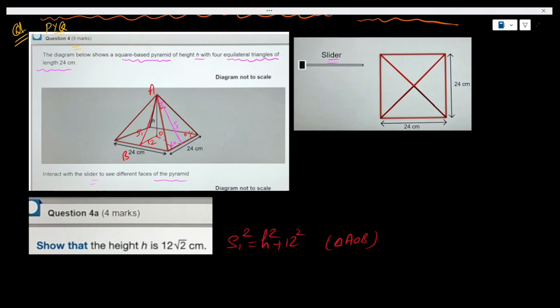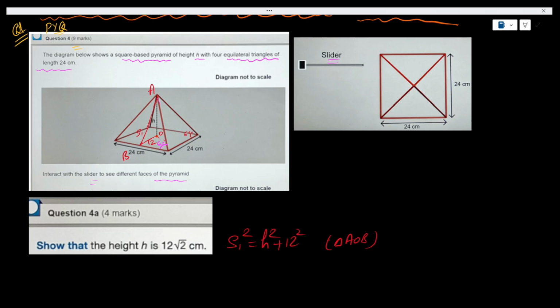Again I can find the slant height using trigonometry, or using the area of the triangle, because all four triangles are equilateral.